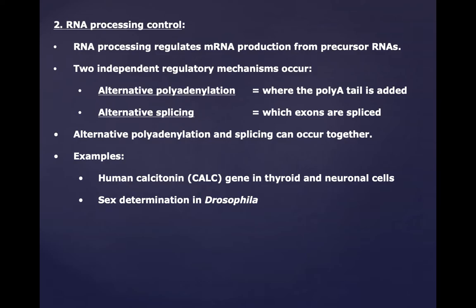There are two independent regulatory mechanisms that happen in eukaryotic systems when it comes to RNA processing. We have alternative polyadenylation and alternative splicing. As a review, let's define these two events again.